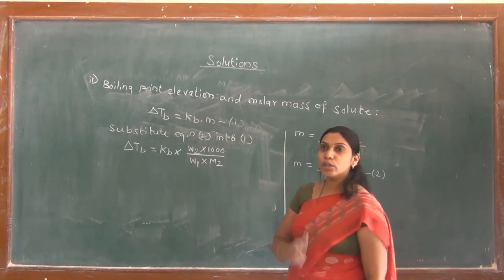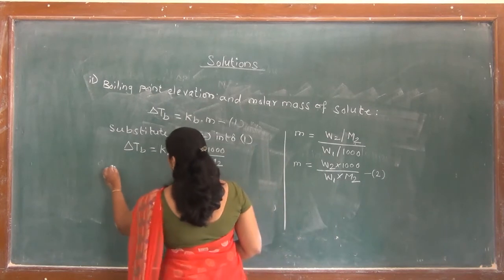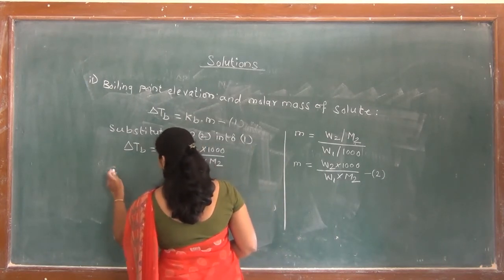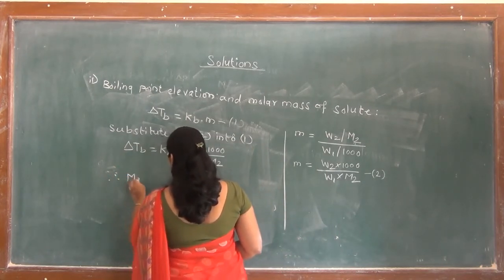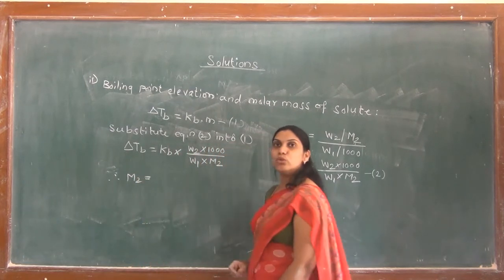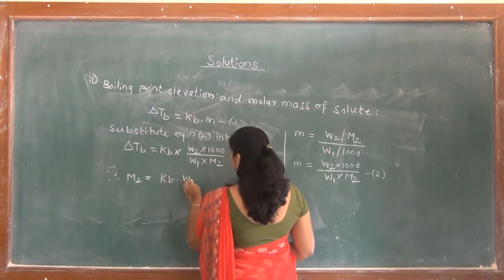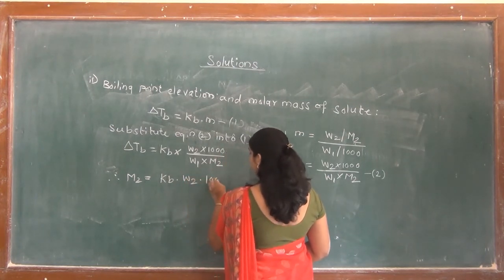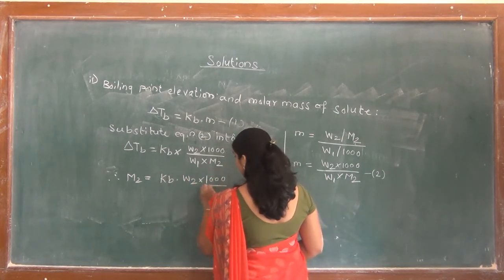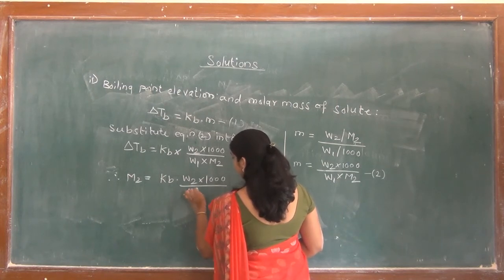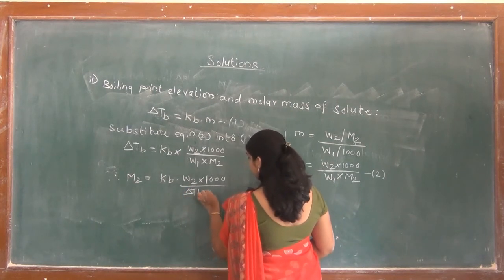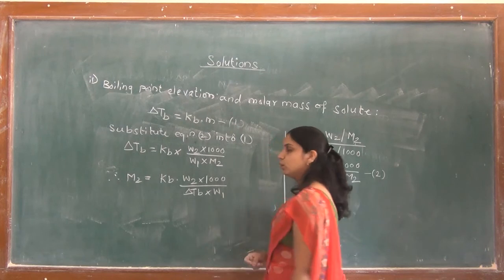Rearrange this equation for M2. M2 will be equal to Kb into W2 into 1000 divided by delta Tb into W1.